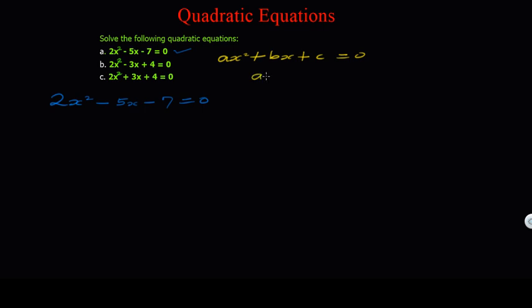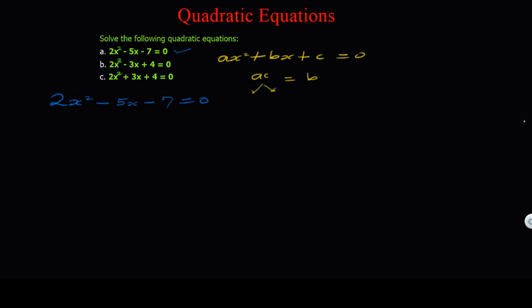We look for the factors of ac that can give us b, two numbers that when we multiply them, they will give us ac and when added give us b. That's what we look for.